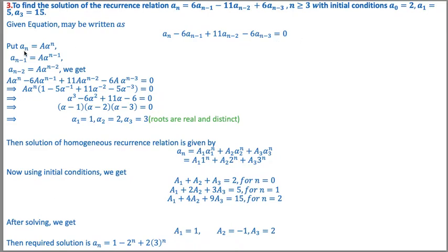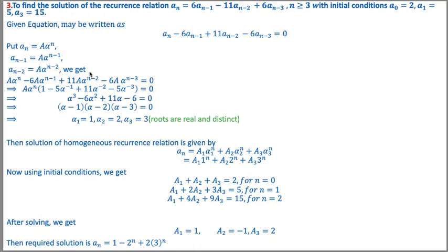If we substitute an equal to a alpha n, and if we replace n by n minus 1, we get a n minus 1 equal to a alpha n minus 1. If we replace n by n minus 2, a n minus 2 equal to a alpha n minus 2.